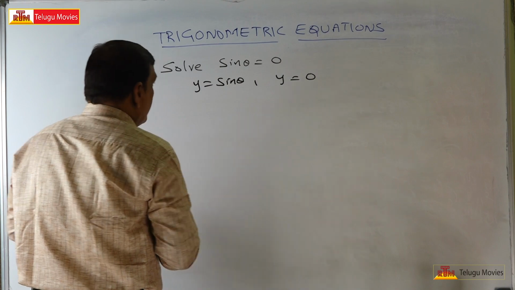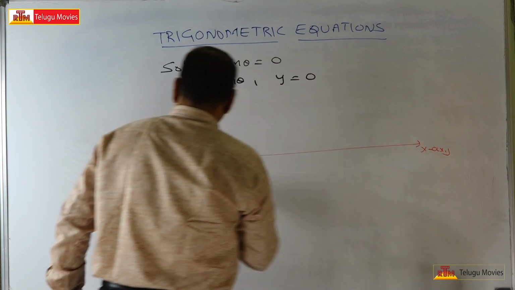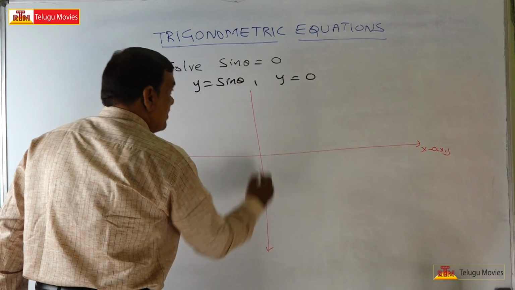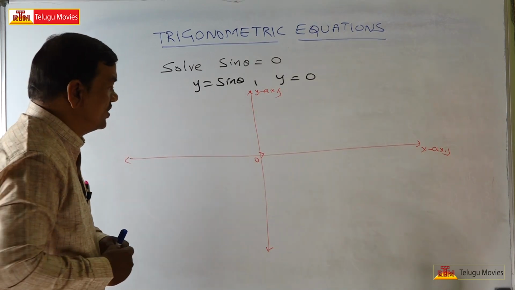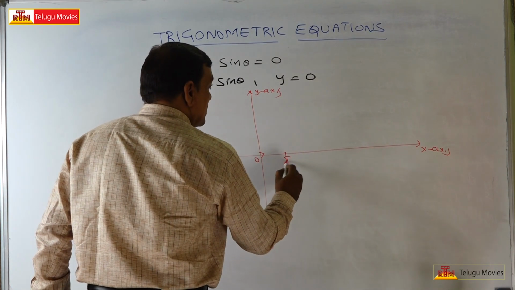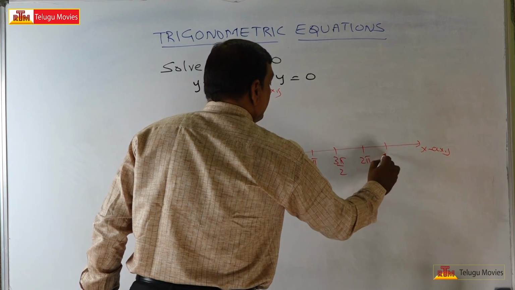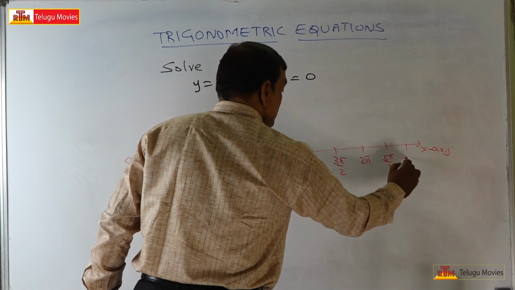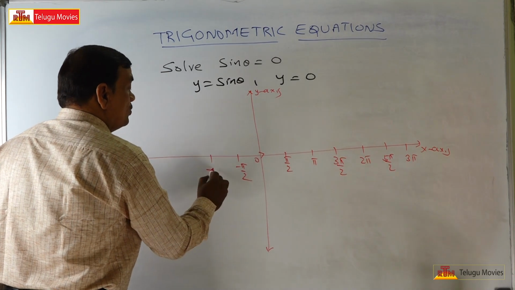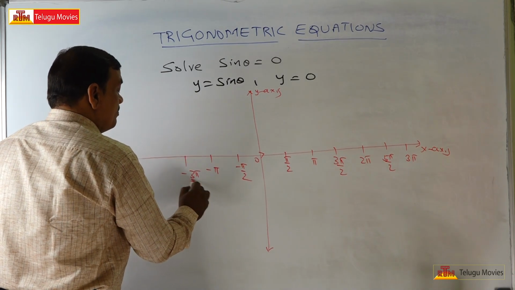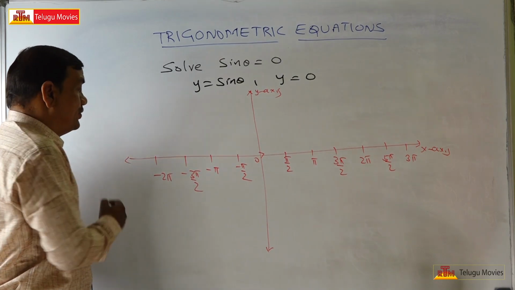Let us take the horizontal line as the x-axis and the vertical number line as the y-axis, and the point of intersection is the origin. Let us take the intervals pi by 2, pi, 3 pi by 2, 2 pi, 5 pi by 2, and 3 pi. Coming to the negative side, minus pi by 2, minus pi, minus 3 pi by 2, minus 2 pi, minus 5 pi by 2, and so on.